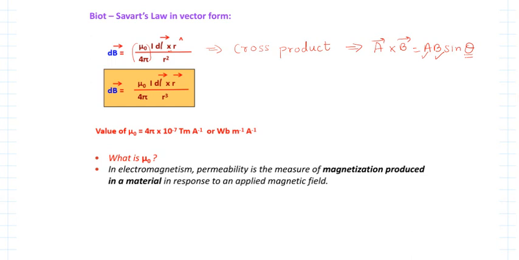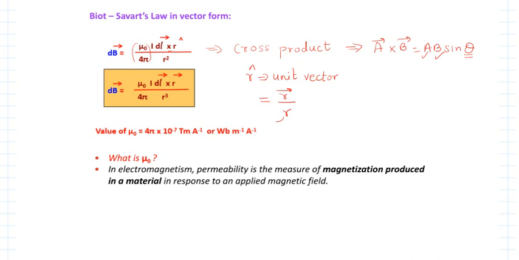Right now over here we have dl bar cross r bar, but we have an r cap over here. Now r cap is what? It is the unit vector in the same direction as that r bar itself. How do we write the unit vector? We write the unit vector as the vector itself upon its magnitude.